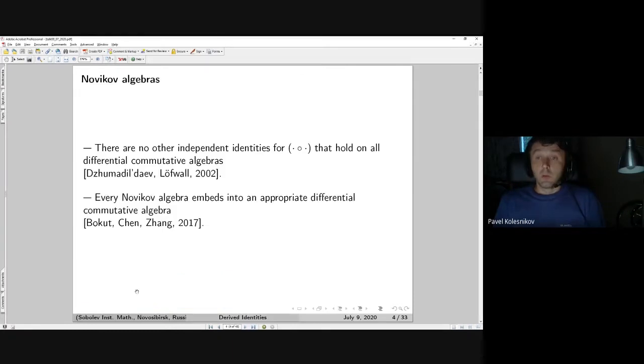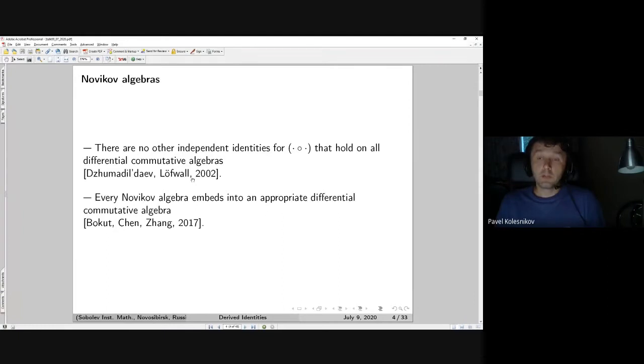And it is essential to note that apart from left symmetry and right commutativity, there are no other independent identities that hold for the operation circle. It follows from a paper by Dzhumadildaev and Löfwall of 2002.